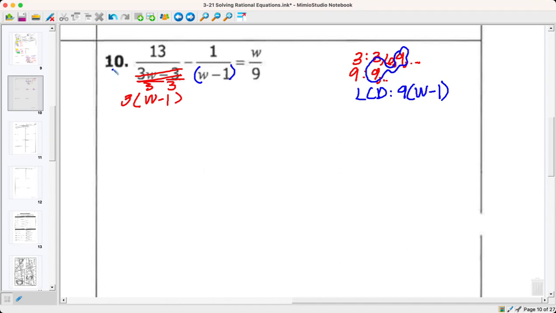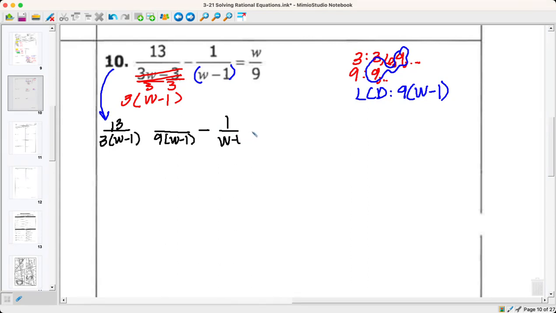So let's rewrite this with what we got and writing it to what we want it to be. So I've got 13 over 3 parenthesis w minus 1. And I need my new denominator to be 9 parenthesis w minus 1. I also have a 1 over w minus 1.